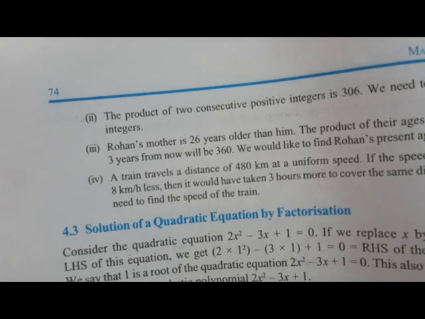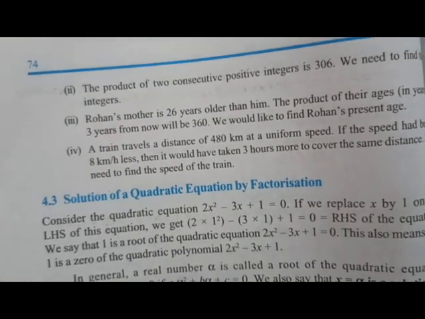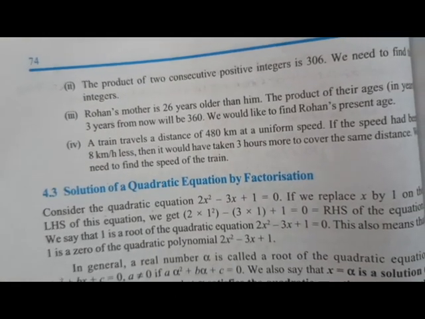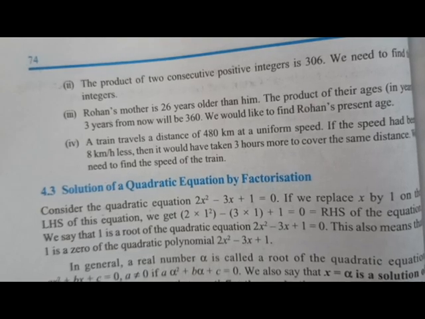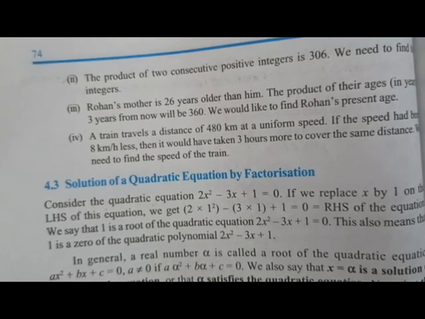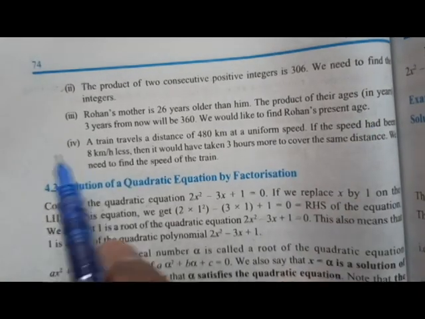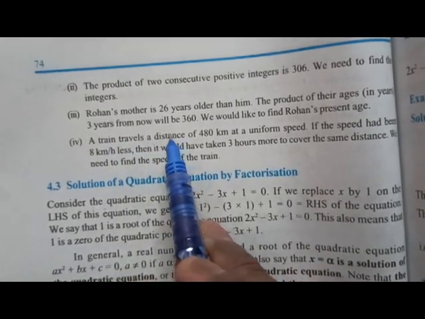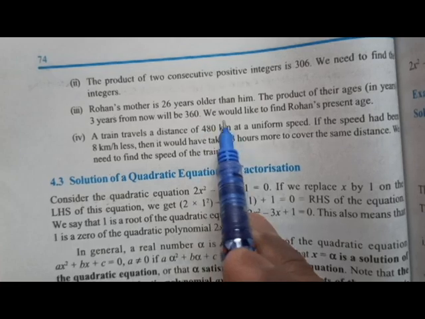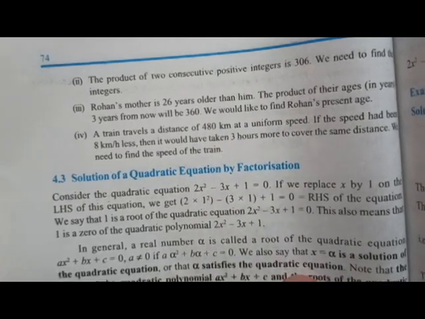Moving on to the third part of it. Rohan's mother is 26 years older than him. That means if Rohan's age is x, mother's age is x plus 26. The product of their ages 3 years from now will be 360. We would like to find Rohan's present age.